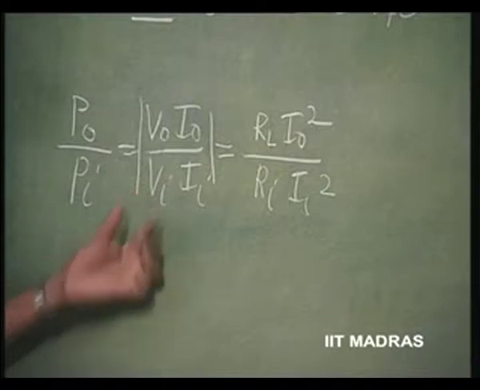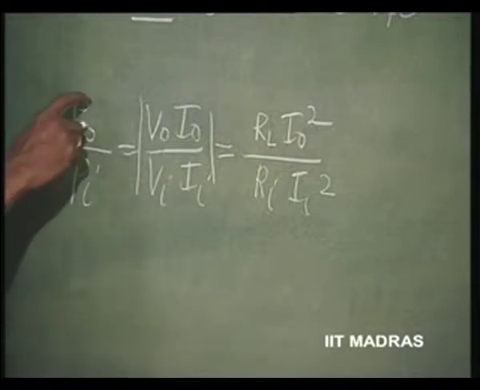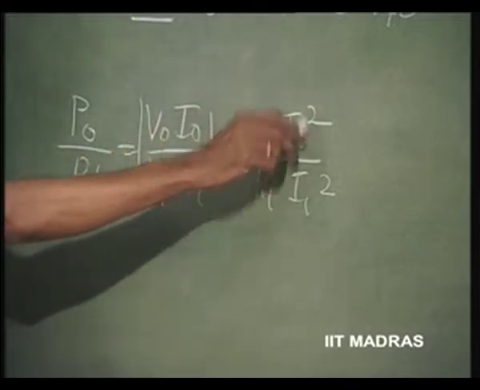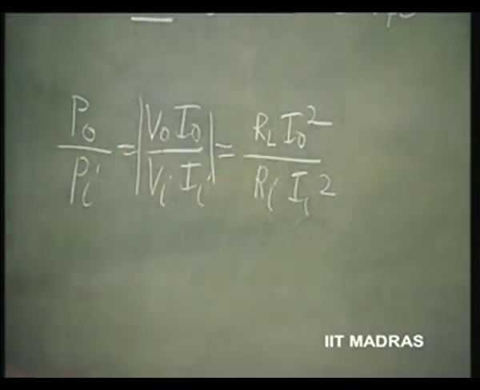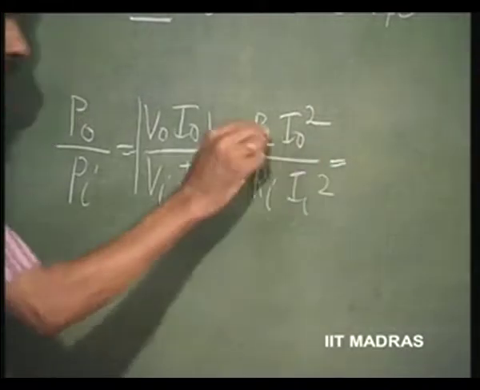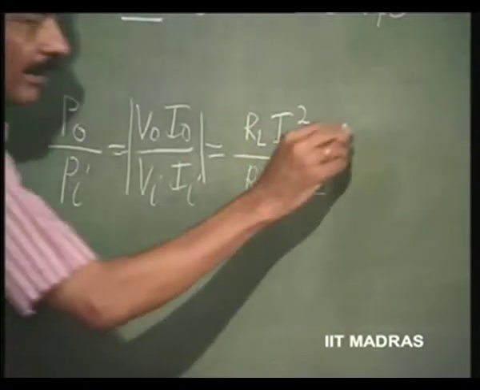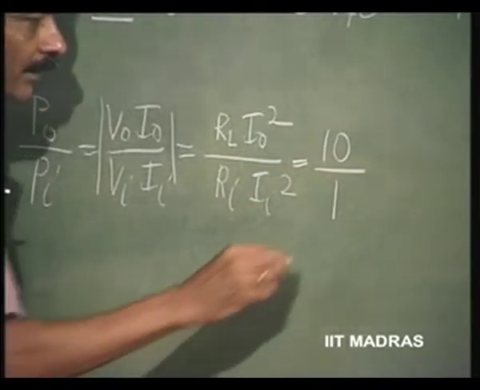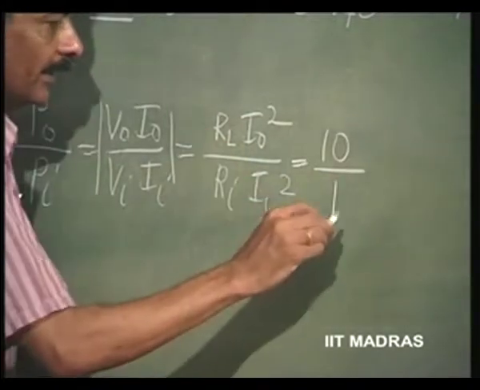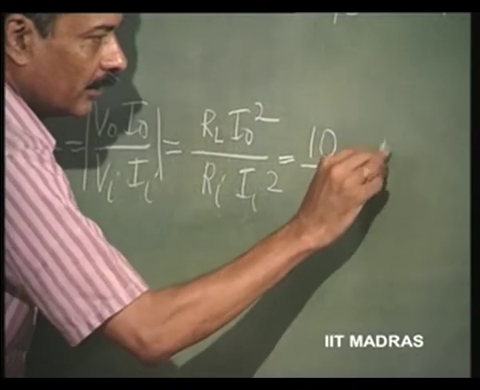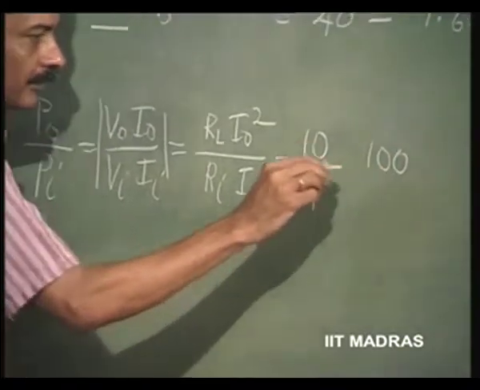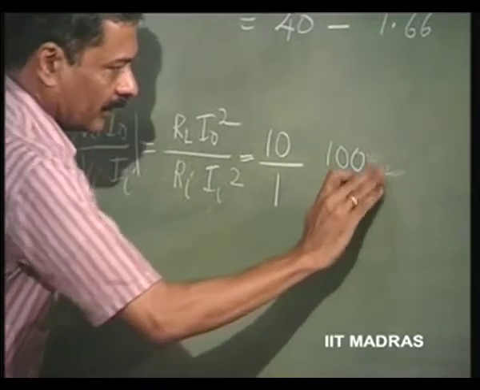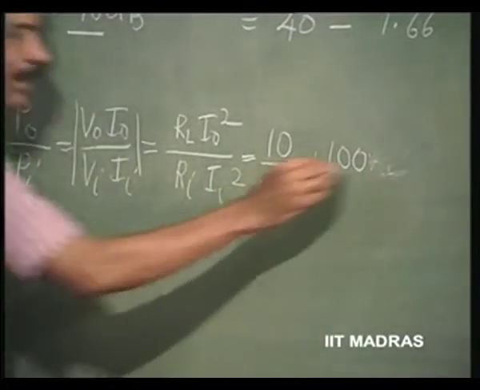Replacing it with this, we know that the power gain is same as current gain squared into R L by R I, which in our case is 10 K over 1 K. So, that times the current gain, which is already known to be 100 into 10 by 11.